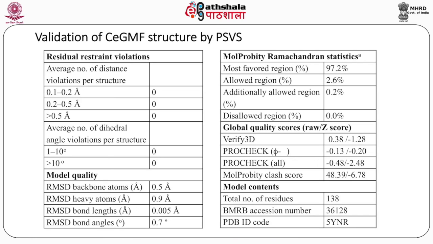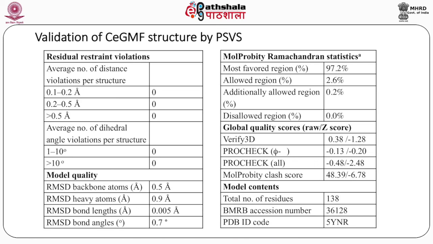Model quality: you have RMSD for backbone atoms of 0.5 and for all heavy atoms of 0.9, but this is for the selected secondary structure regions. For bond lengths you have an RMSD of 0.005 angstrom and for bond angles 0.7 degrees. And in the MolProbity Ramachandran statistics, most favored regions are 97.2%, allowed regions are 2.6% and additionally allowed regions are 0.2%, so that the disallowed region is 0%.